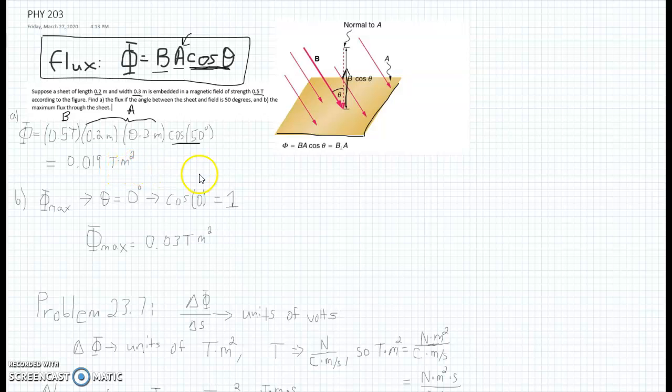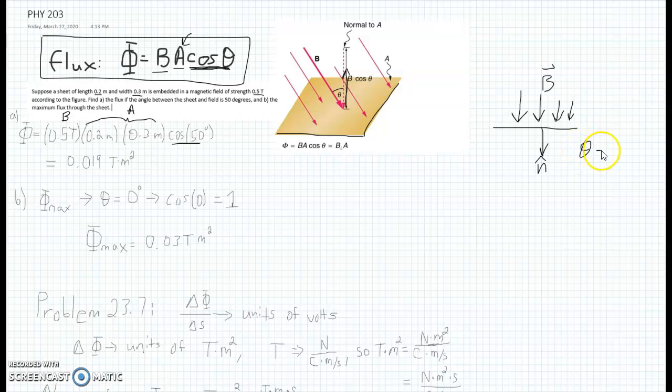Now the maximum flux is going to be when the sheet and the field are oriented just right. And that occurs if I have a flat sheet, and the flux is penetrating that sheet, and the normal to the sheet is straight down. So the normal and the field are parallel to each other, and the angle between B and the normal is going to be 0.